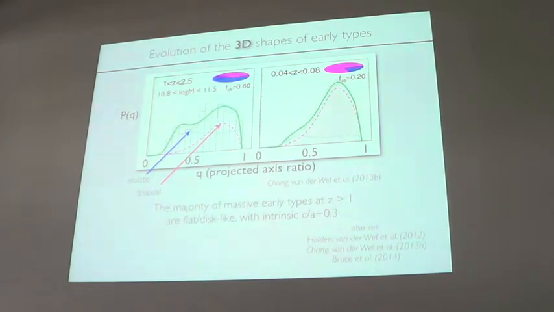And you cannot take this population and add triaxial galaxies to it and reproduce the same shape. You'll have to explain that to me offline. Yes, I will.